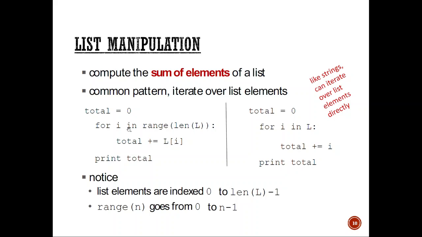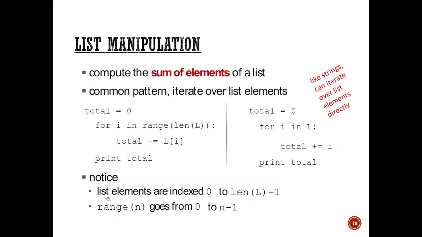So in this case, i is iterating over the indices of the list L. And finally, print the total. Or we can do it by iterating over the elements of L. So in this case, we say for i in L, total plus i, because in this case, i takes the value of the element itself rather than the index.